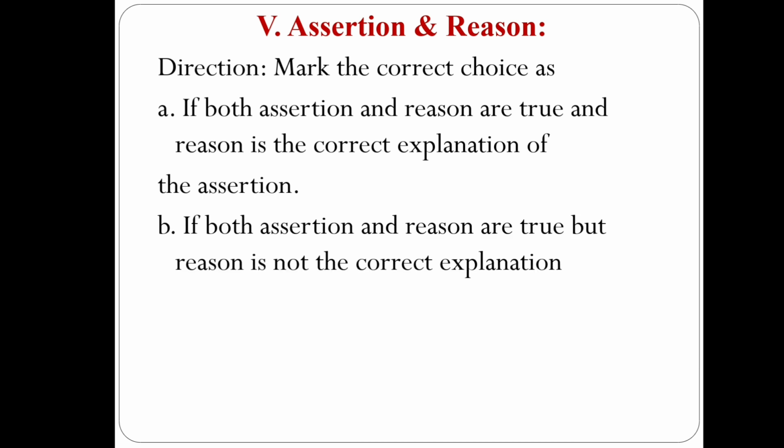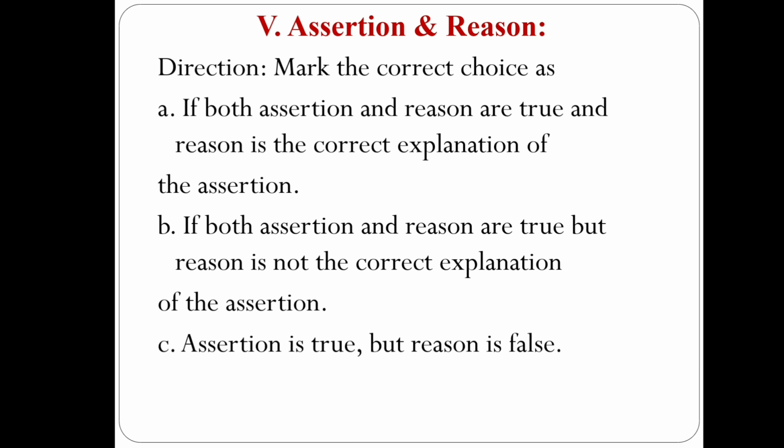B. If both assertion and reason are true but the reason is not the correct explanation. Option C. Assertion is true but reason is false. Option D. Assertion is false but reason is true. So very easy. With these options only we are going to mark.